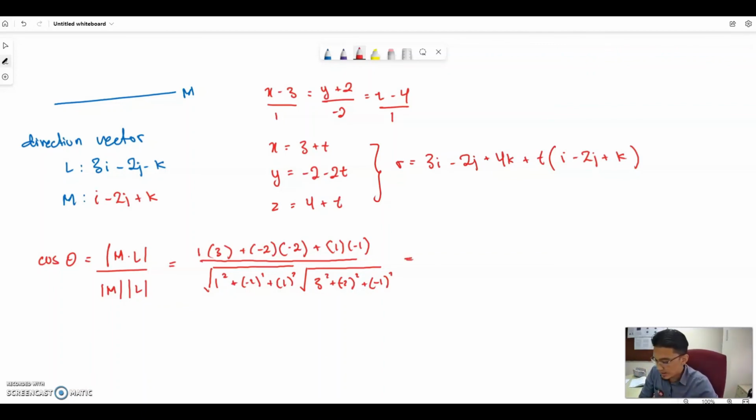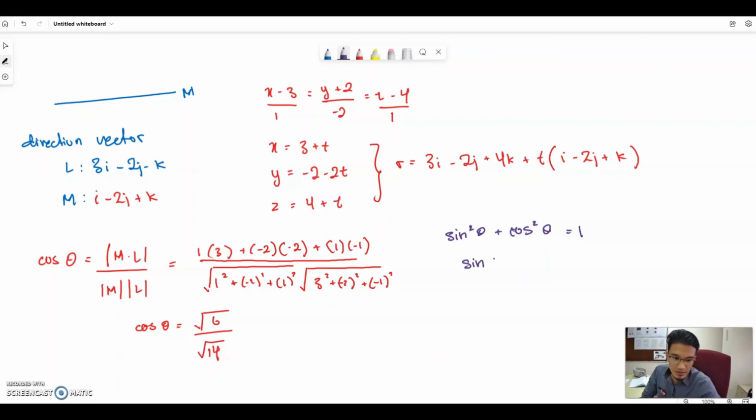So the cosine theta is actually equal to square root of 6 over square root of 14. Okay, so that is cosine theta, but the question wants us to find the sine. To find the sine, we can relate the sine with cosine with the formula sine square theta plus cosine square theta equal to 1.